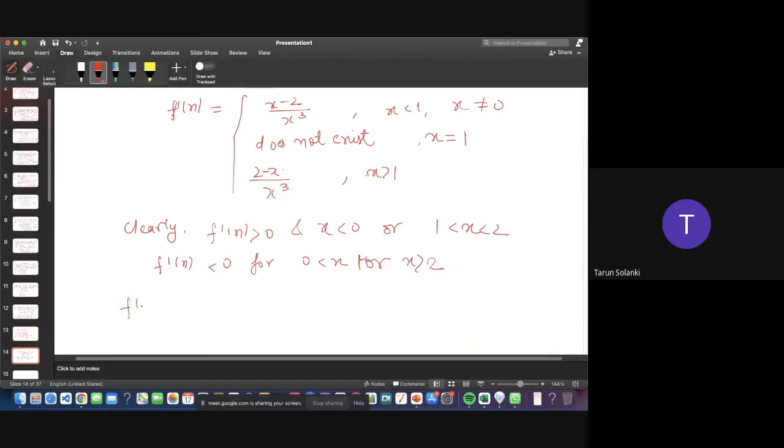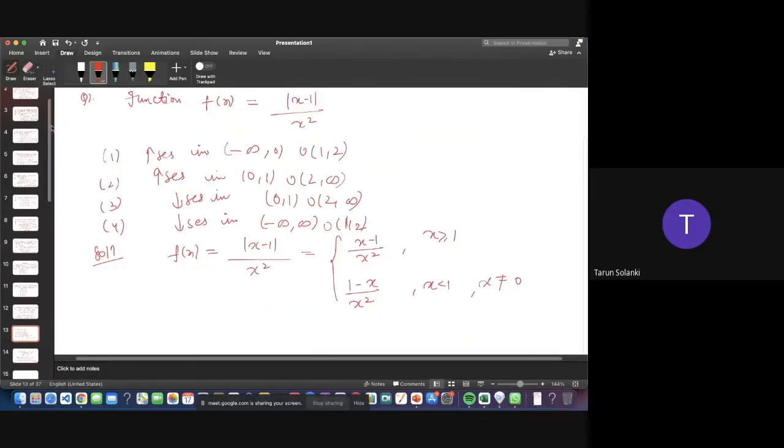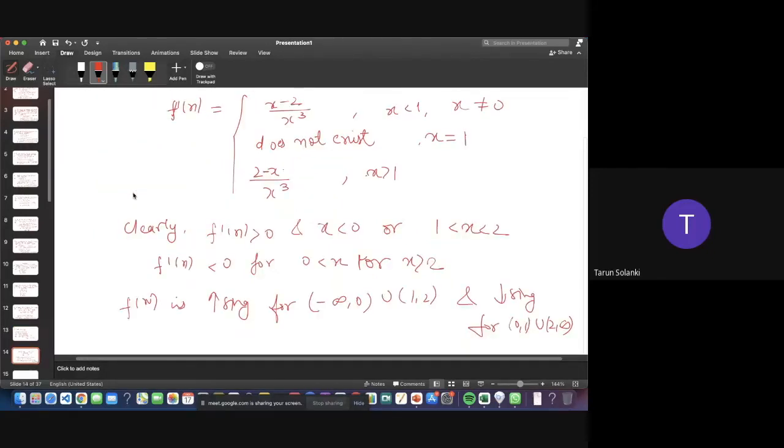So f(x) is increasing for minus infinity to 0 union 1 to 2 and decreasing for 0 to 1 union 2 to infinity. So in this we can see options 1 and 3 are the correct options. So you can copy this.